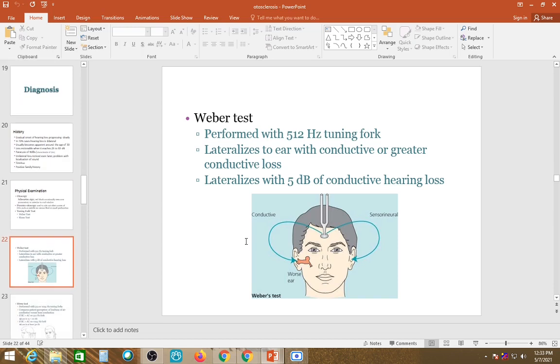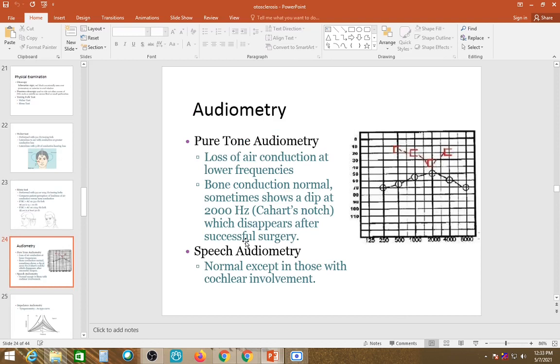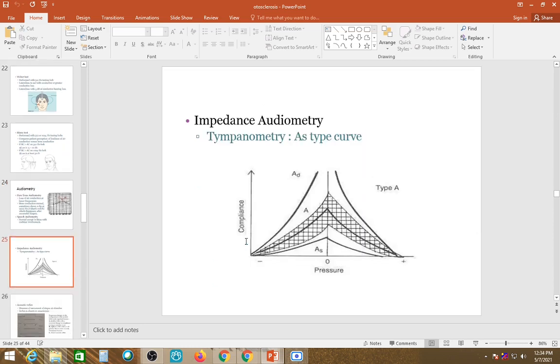Weber test you already understood. It lateralizes, with about 5 decibels of conductive hearing loss. And then the Rinne test. Then audiometry. You all understood what audiometry is, how we examine the patients and how we perform the audiometry test, and the speech audiometry. And the impedance audiometry, how the curve is shown here.